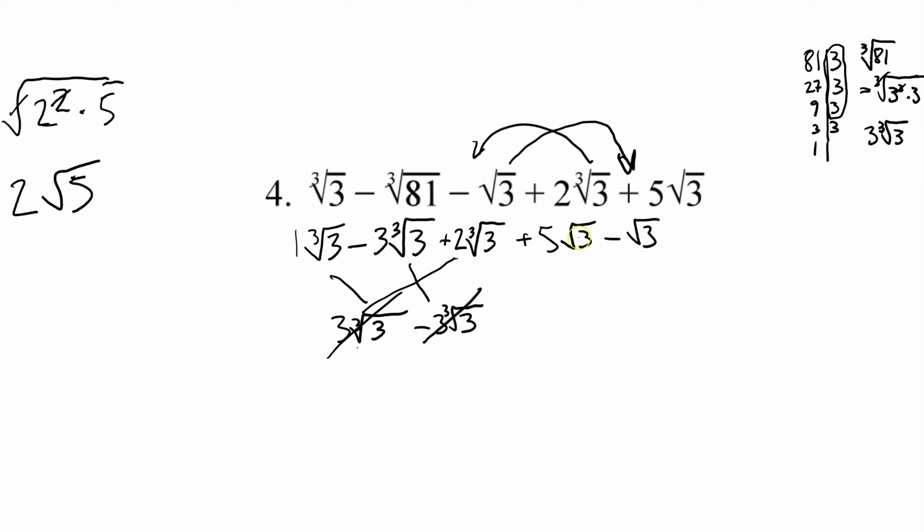And then 5 square root of 3 minus the square root of 3 is 4 square root of 3. And since these over here eliminated each other, they're equal to 0, so they don't add anything else to the sum, so that our final answer is this right here.